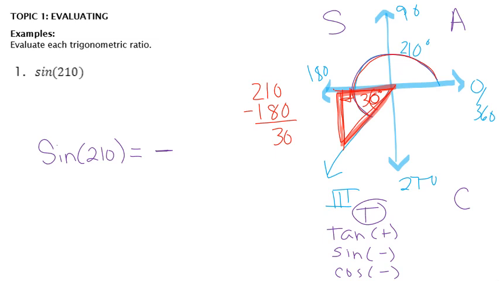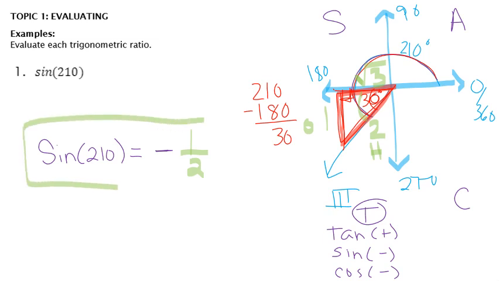Now I'm going to find what the actual measurement is. For 30 degrees, the hypotenuse I can treat as a 2, this is a 1, this is a radical 3. Sine is the opposite over the hypotenuse, so it's 1 over 2. If I used my unit circle, I would have gotten the very same answer, because remember the unit circle was in the form of cosine, sine, so you could have read that off there as well.